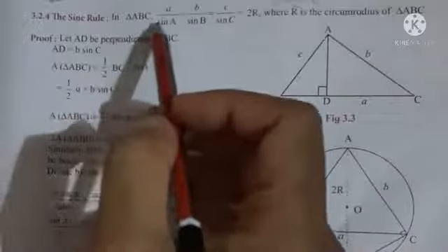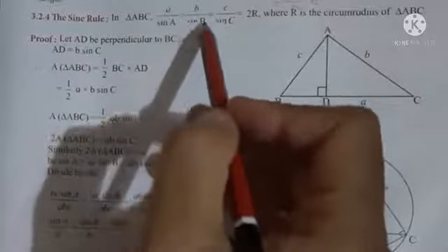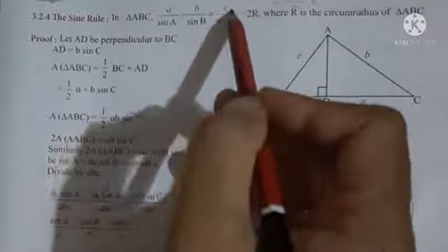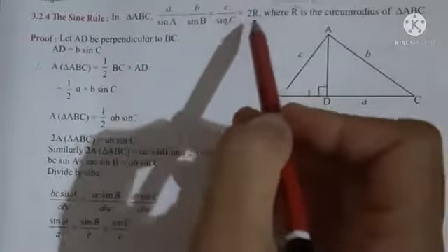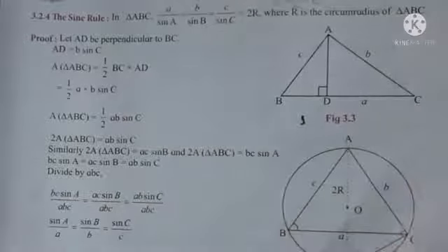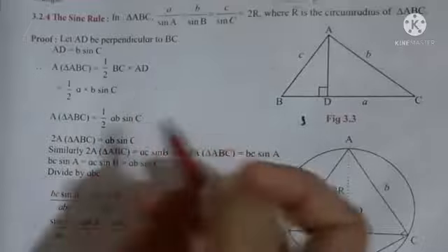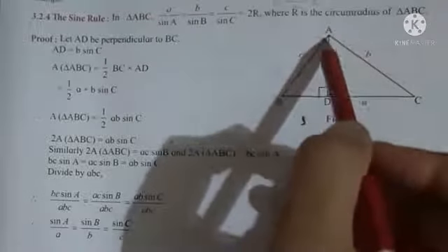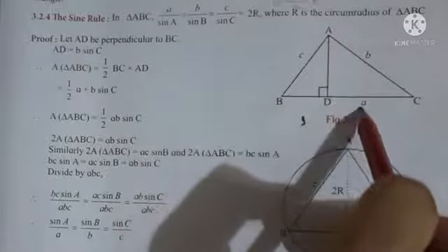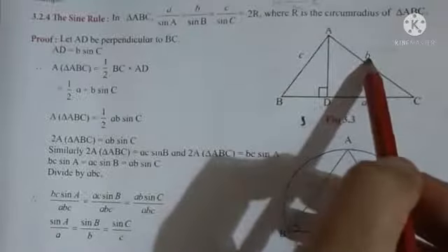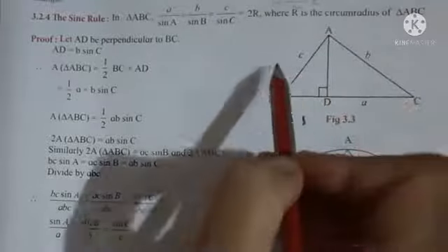So we have to prove here that a upon sin A is equal to b upon sin B is equal to c upon sin C is equal to 2R. So how to prove it? We will see. First you draw triangle ABC. Then the side opposite to angle A is small a, the side opposite to angle B is small b, and the side opposite to angle C is small c.